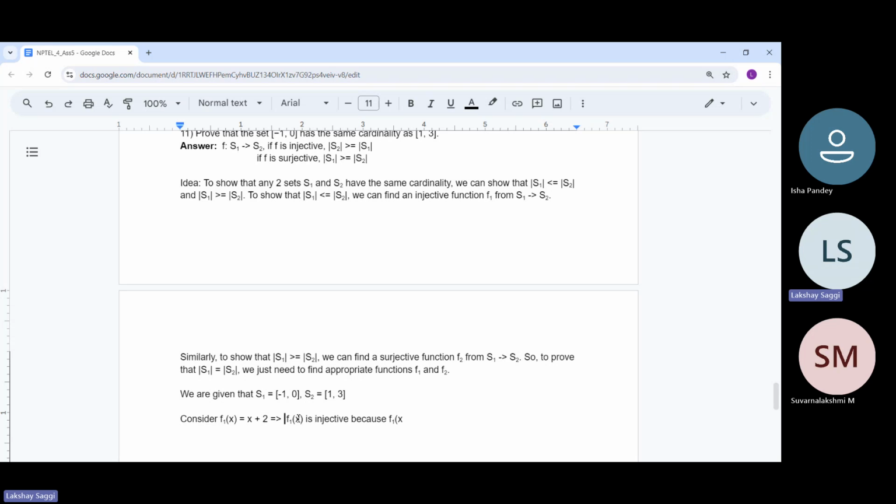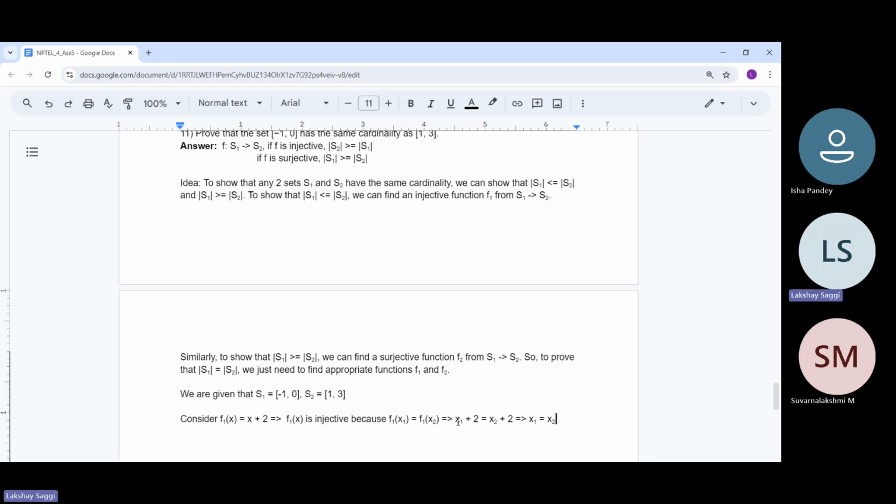So f1 of x is injective because if f1 of x1 is equal to f1 of x2, this implies that x1 plus 2 will be equal to x2 plus 2, and this will give us that x1 equals x2.